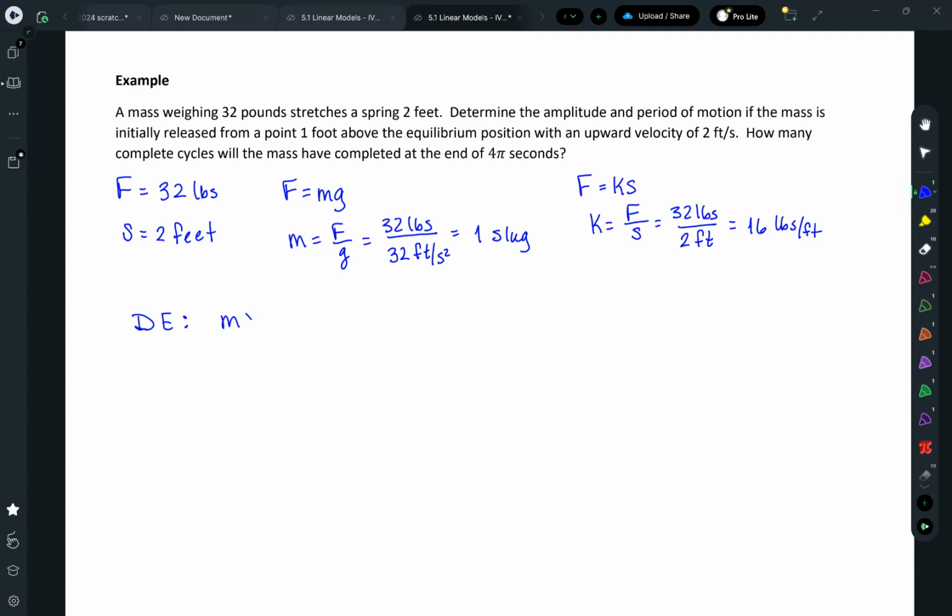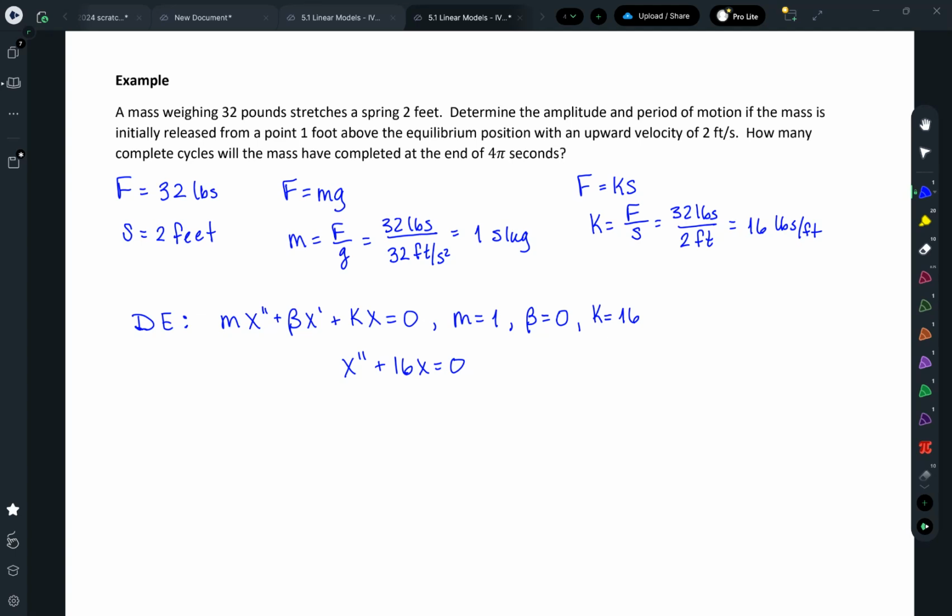We have m x double prime plus beta x prime plus k x is equal to 0, where mass is equal to 1, beta is equal to 0, and k is equal to 16. Okay, so when I rewrite, this is just x double prime plus 16x is equal to 0. That's my differential equation for the equation of motion.